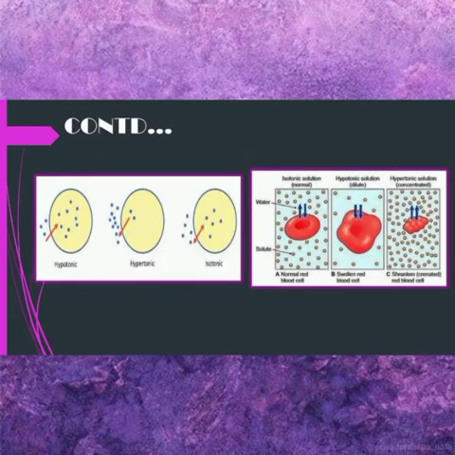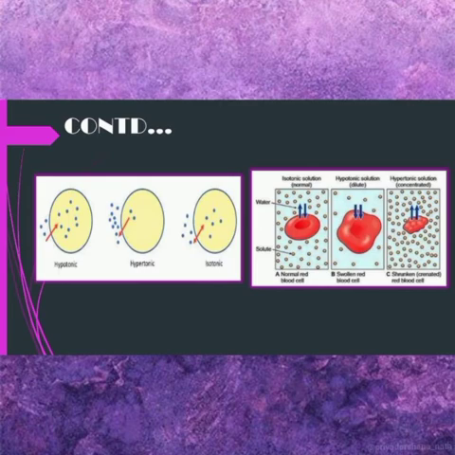A solution that has a higher concentration of solutes than another is said to be hypertonic. Water molecules tend to diffuse into a hypertonic solution because the higher osmotic pressure pulls water. If a cell is placed in a hypertonic solution, the cell will shrivel or crenate as water leaves the cell via osmosis.